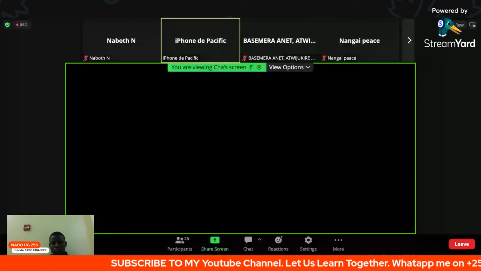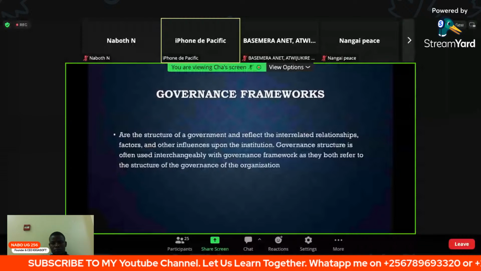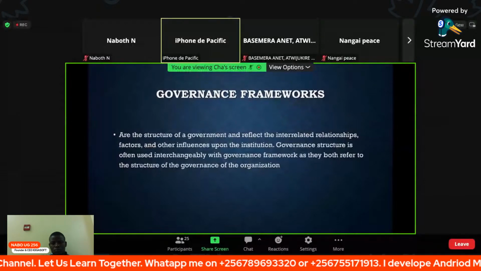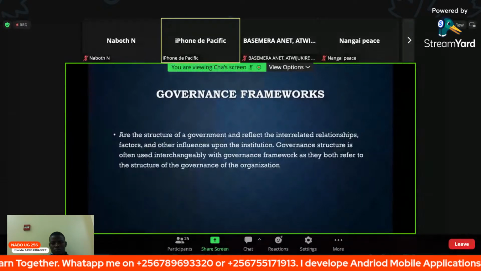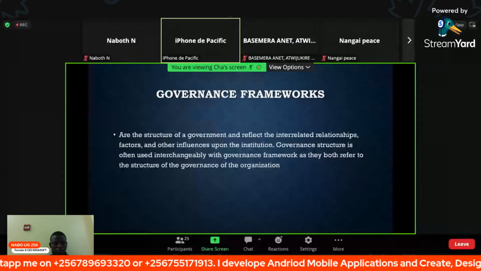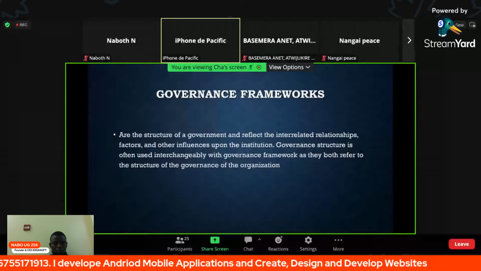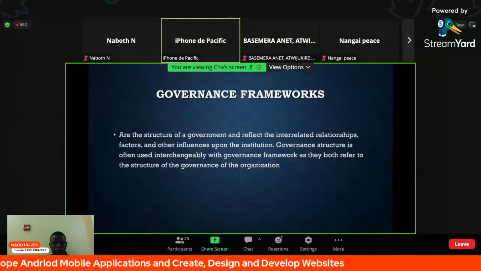Governance frameworks are the structure of government and reflect interrelated relationships, factors, and other influences upon an institution. Governance structure is often used interchangeably with governance framework, as they both refer to the structure of governance of the organization.